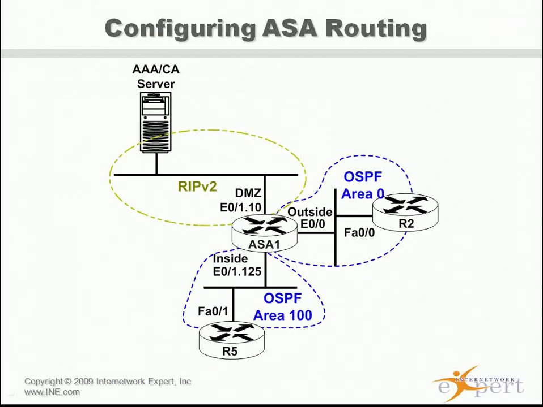All right, so we're going to go ahead and move on to our other ASA here. I'm going to configure on the ASA 1 a basic setup, RIP on the DMZ, and then OSPF on the inside and outside interfaces. We're going to go ahead and do some redistribution as well.